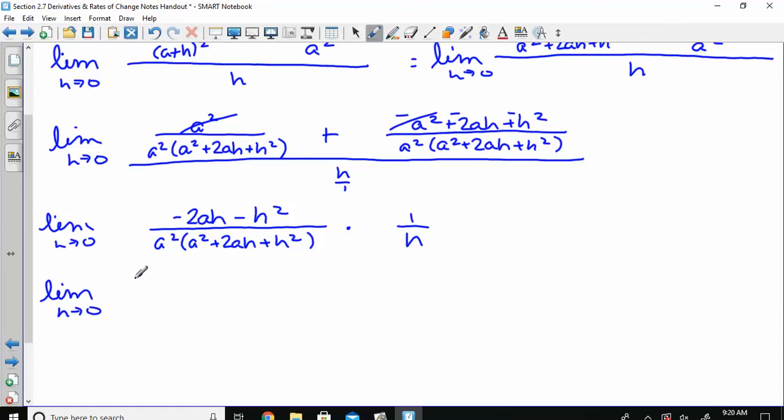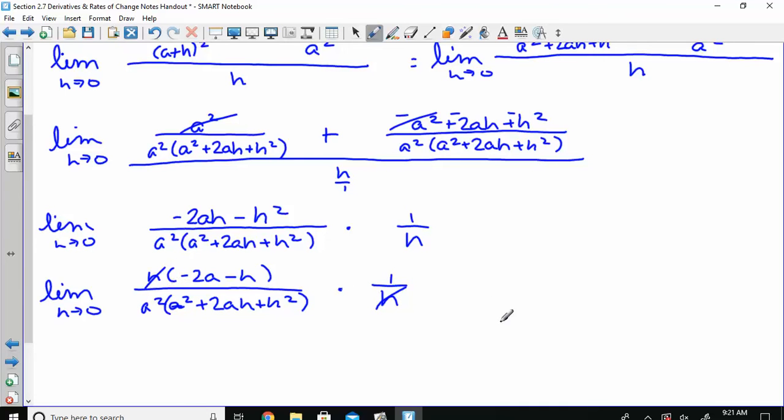I was just trying to get rid of the fraction within a fraction, so I just flipped and multiplied. Okay, on the top, right here, you could take out an h. And then those cancel.